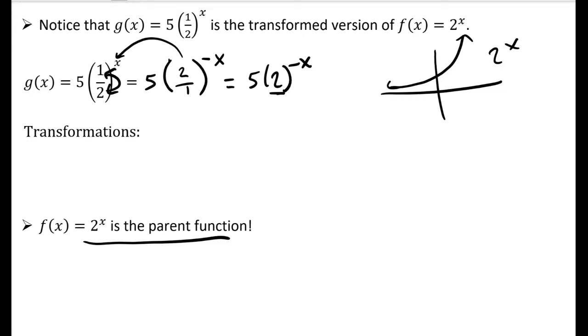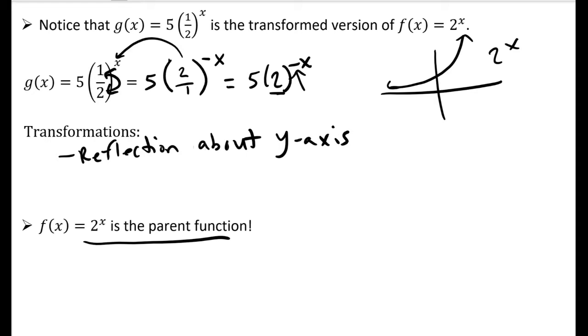So what does a negative do right here? The negative actually reflects it. So we have a reflection about the y-axis. Remember that if x is negative, it flips it about the y-axis. So basically it flips it so it looks like this.